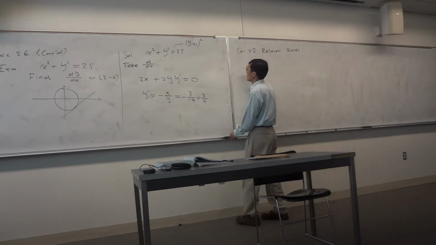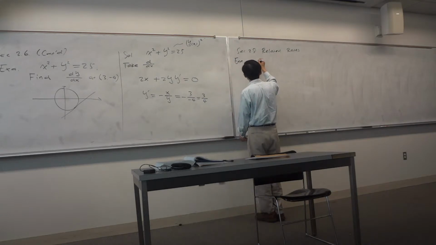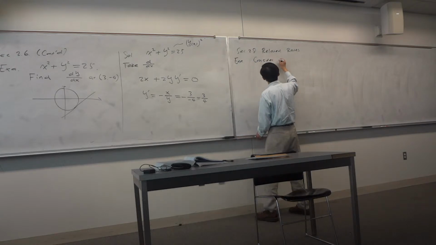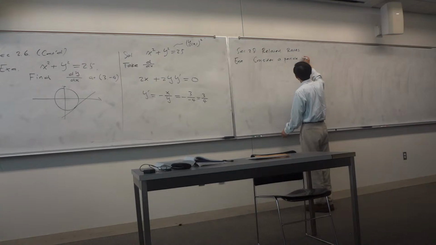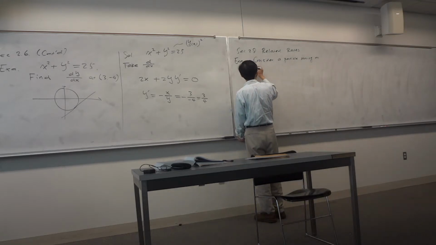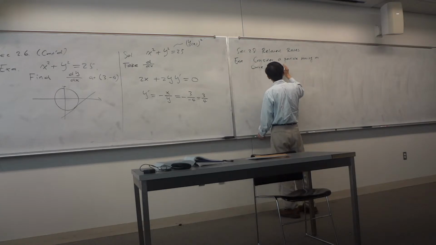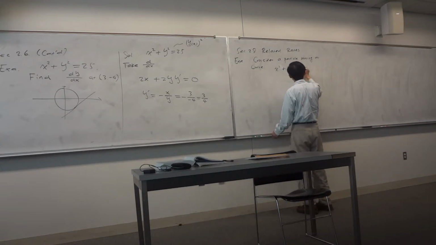So example, let's consider a particle moving on a curve, this curve, which is given by the equation x squared plus y squared equals 25.